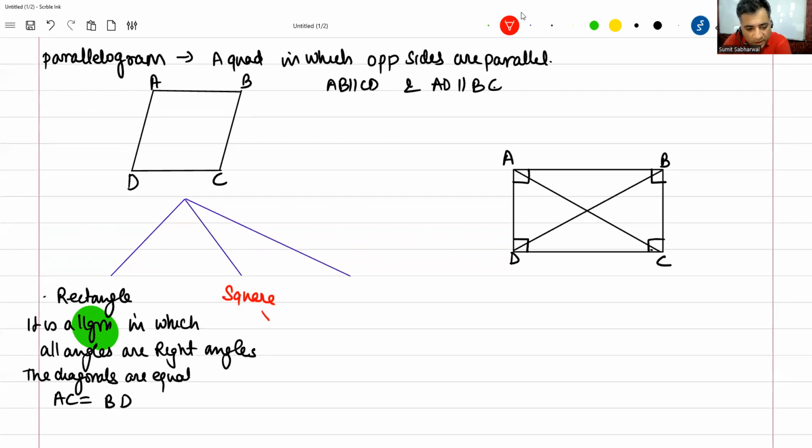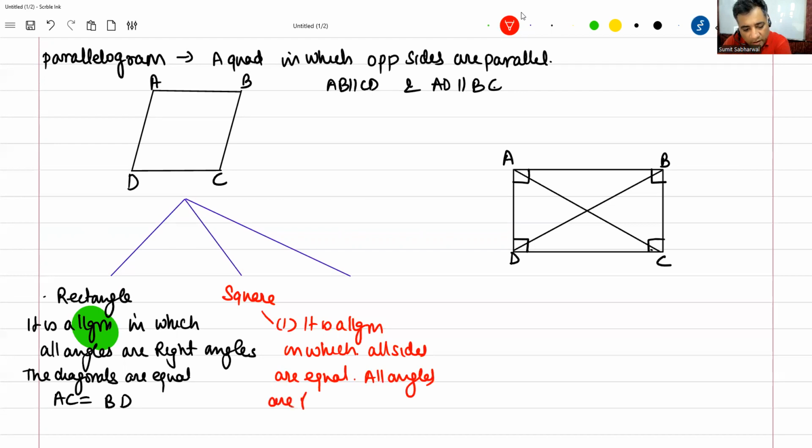Now, what are the properties of a square? A square can be called a parallelogram. It is a parallelogram in which all sides are equal and all angles are right angles.